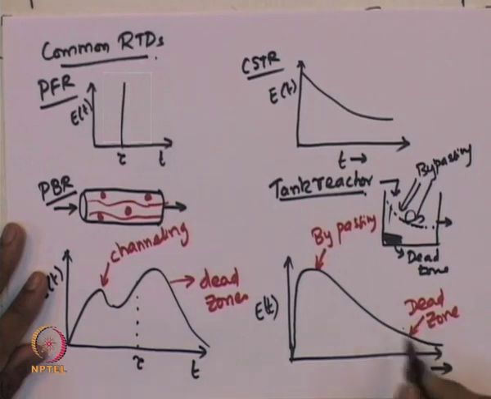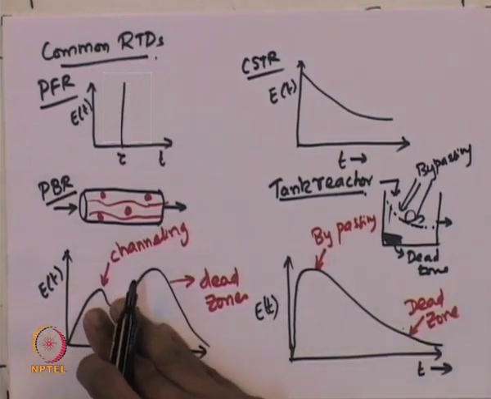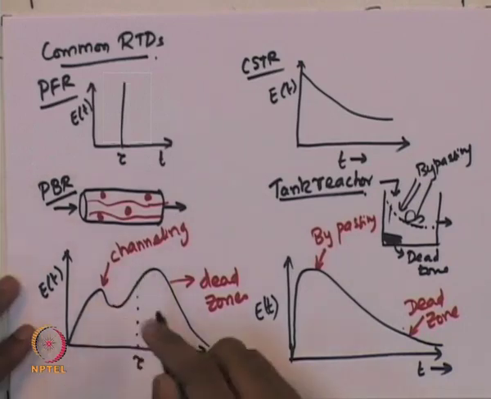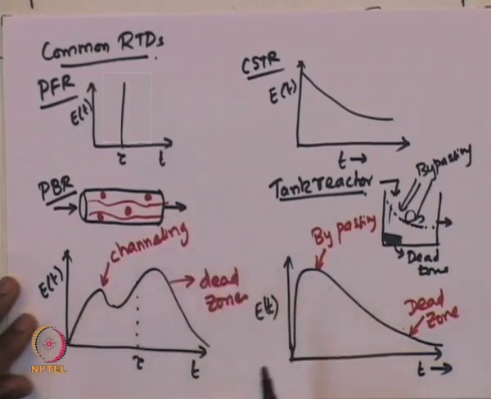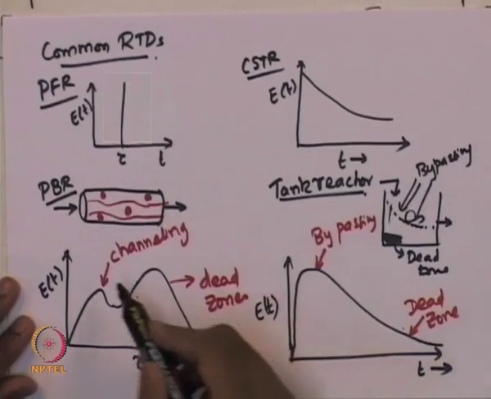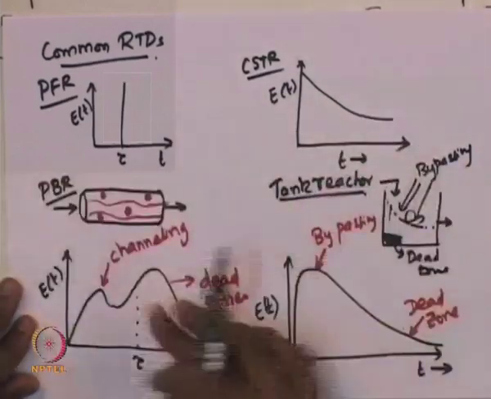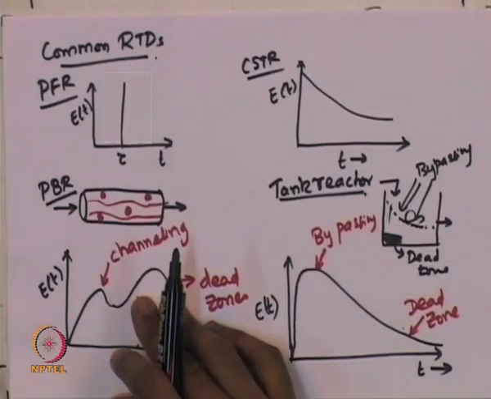Therefore, this long tail virtually corresponds to the dead zones that may be present inside the reactor. So, this kind of approach, the detection of the residence time distribution curve, can provide a lot of information about what is actually happening inside the reactor, and the common RTDs that have been explained just now are a good example of that.